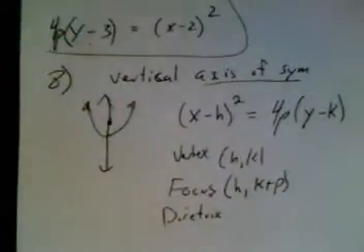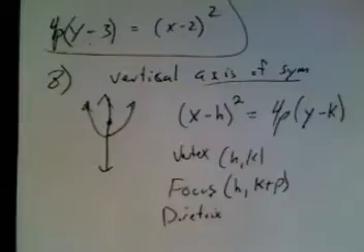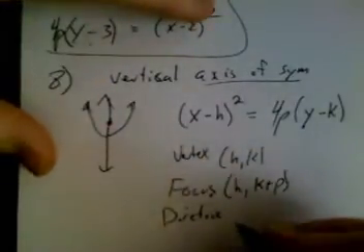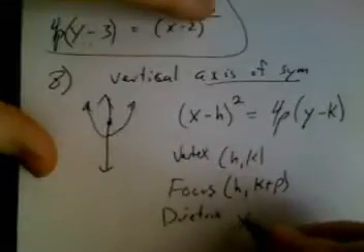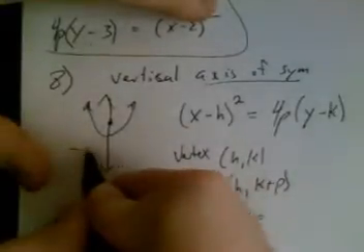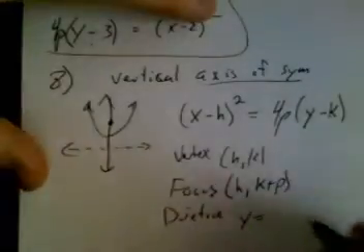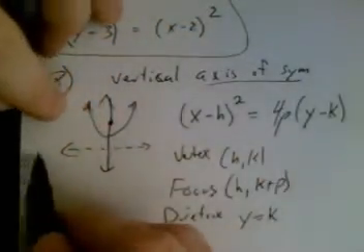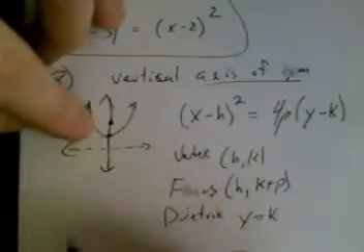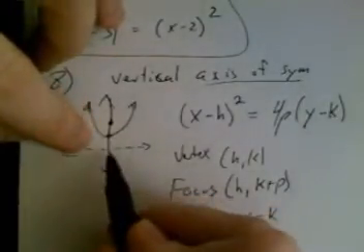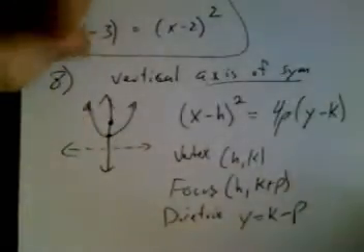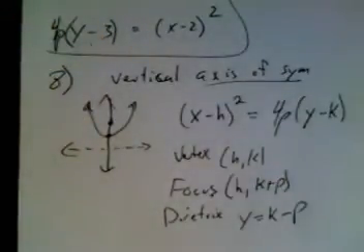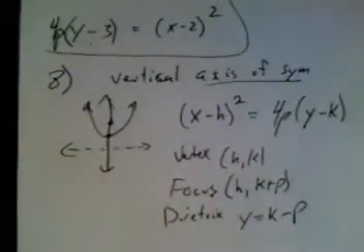This is the generic equation for the focus. The directrix is going to be y equals, because the directrix would be down here. And it'd be equal to what? Well, the k value, I have to shift the point all the way to here, and then move it down p units, so k minus p. This becomes legitimately just a set of formulas that we either have to memorize or have written on a note card.